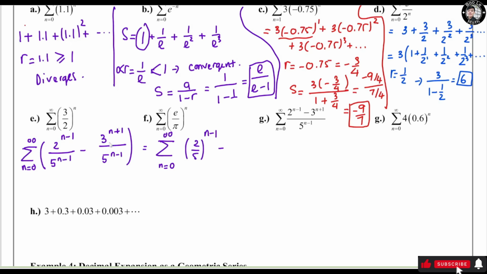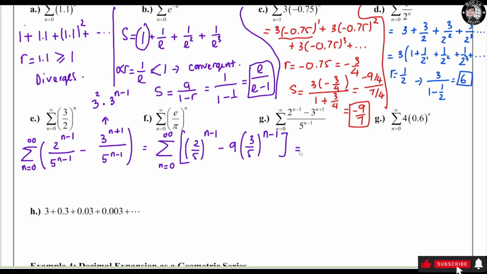I need to rewrite this one and this one in the same power, n minus 1. So the top right here, I can rewrite as 3 squared times 3 to the n minus 1. So 3 squared is going to be 9. And then this guy and this guy can be combined as 3 over 5 to the n minus 1.